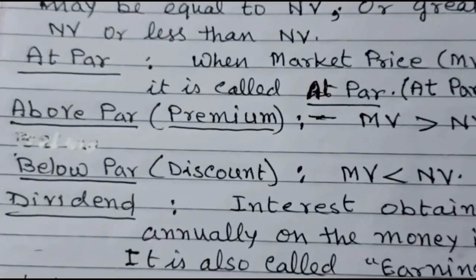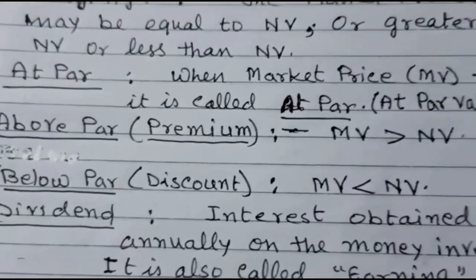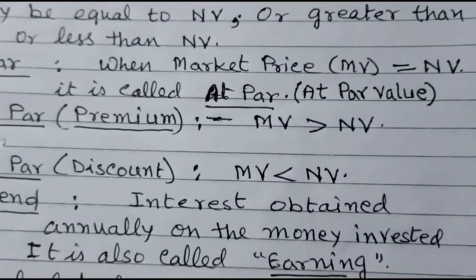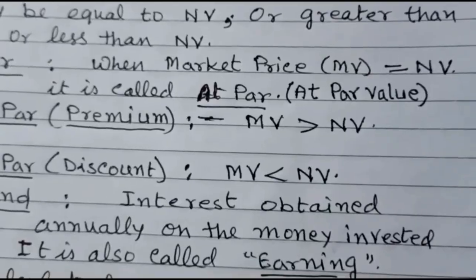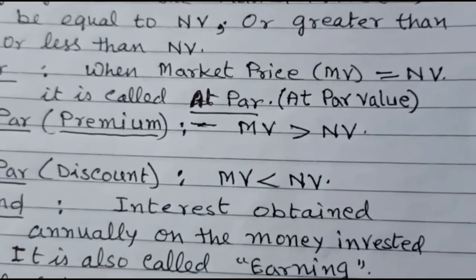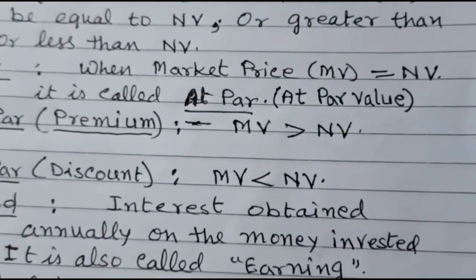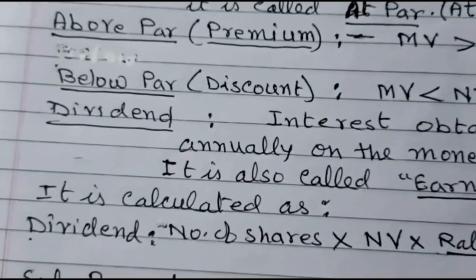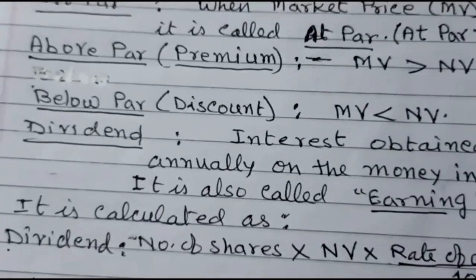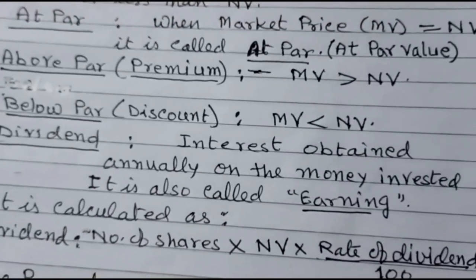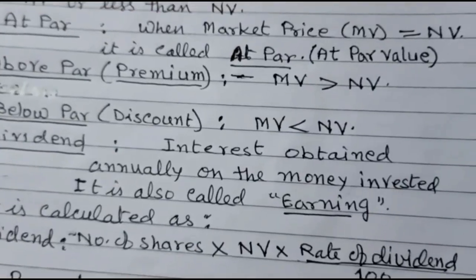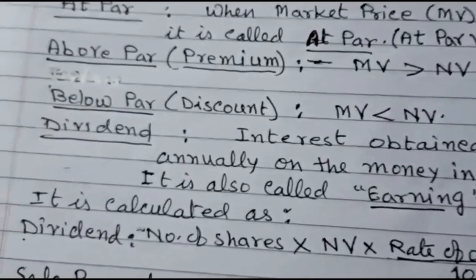Above par or premium. When market value is greater than the nominal value, then it is said shares are sold at premium. Below par or discount. When market value is less than nominal value.